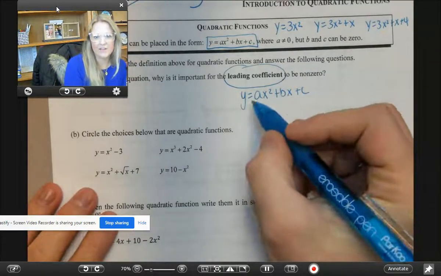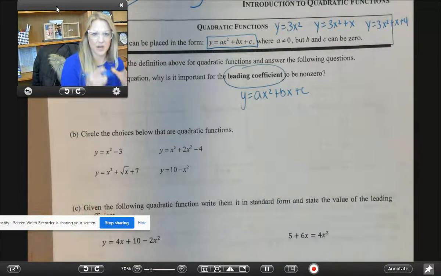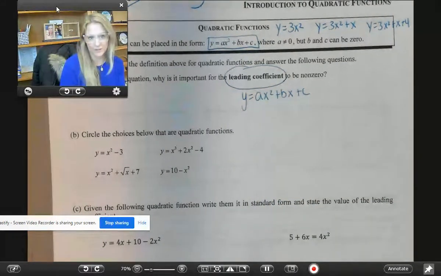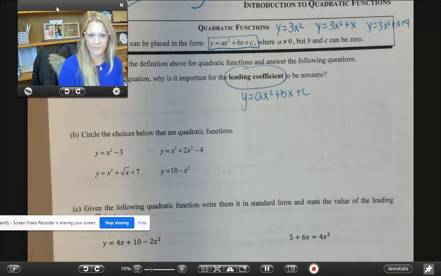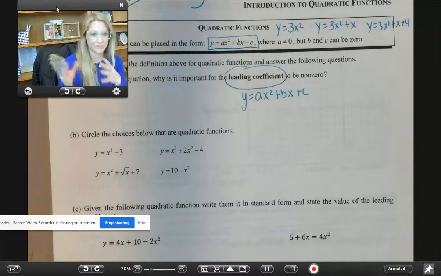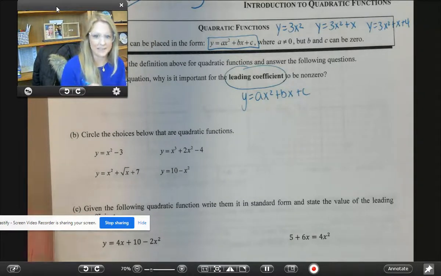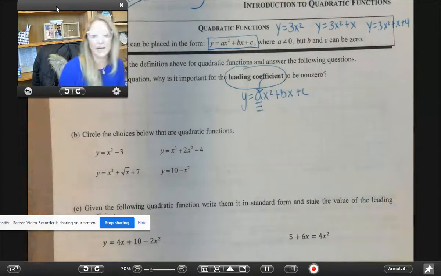The a value is your leading coefficient, because a coefficient is any number in front of a variable, meaning how many variables you have, and the leading coefficient is the one in front once it's written in standard form. So if you have an x to the fourth, an x to the third, an x squared, the one in front of the x to the fourth, because in standard form you have to write it that way, is the leading coefficient. So your leading coefficient is this a.